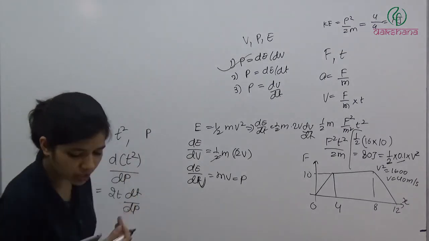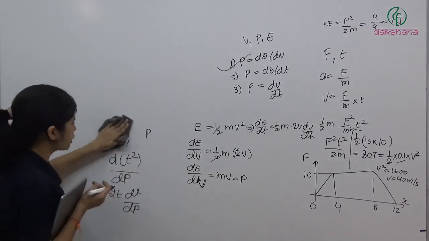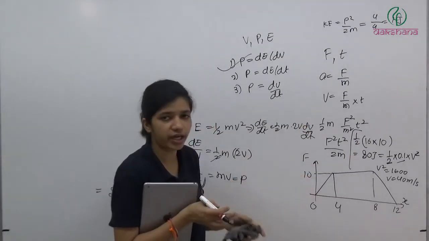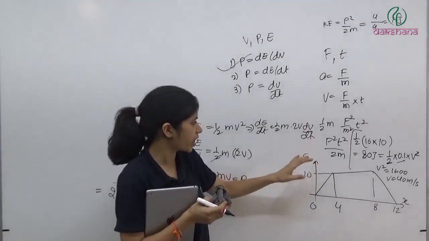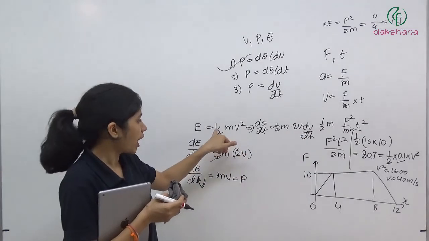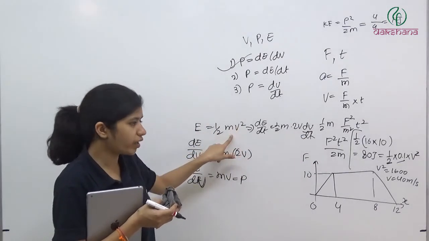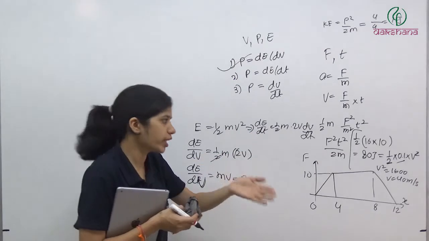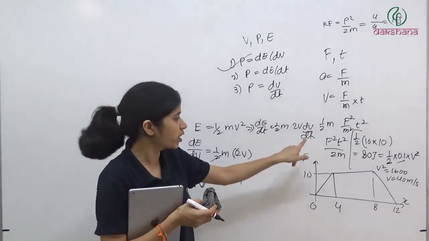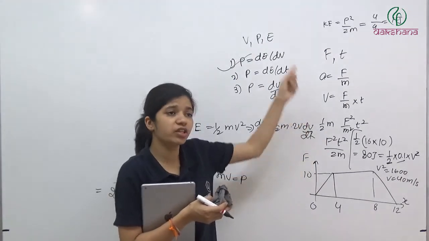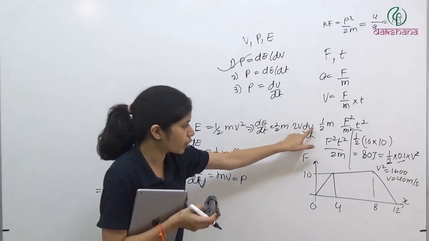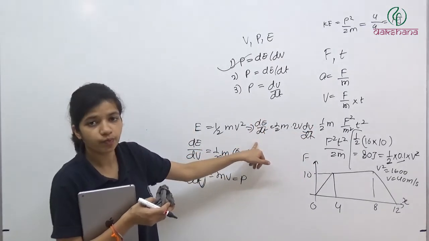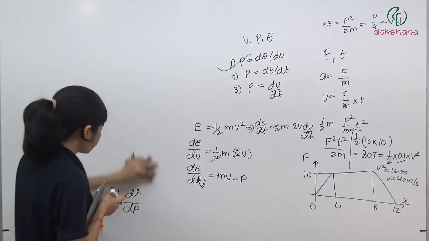Clear? This part is understood, right? If you are differentiating with respect to the same variable, then you don't have to differentiate with respect to that variable again. Let's say half m is constant, 2v, again differentiate v with respect to v, what will come? dv by dv. So it gets cancelled, that's why we don't write it. So here, when you are differentiating with another variable, we have to write this also, like we did in this case. We were differentiating E with respect to time, so we write dE by dt.